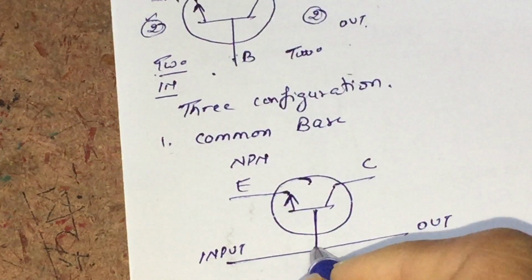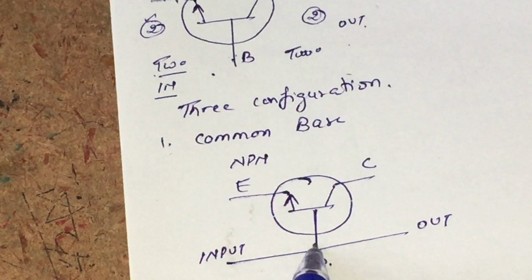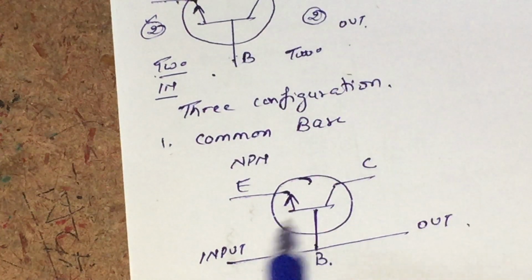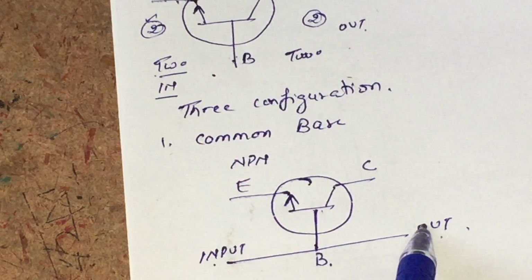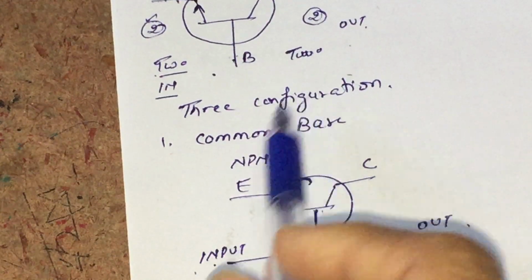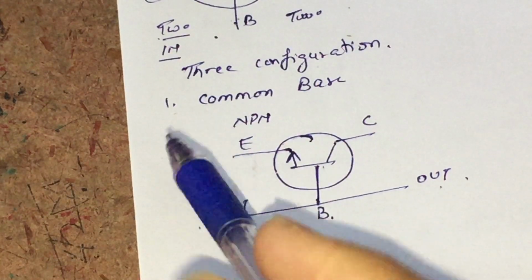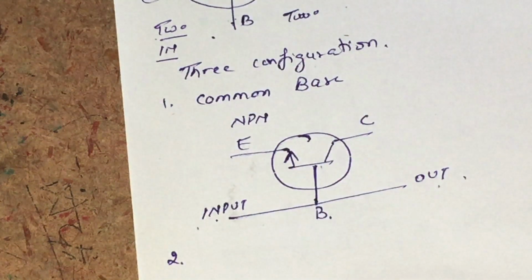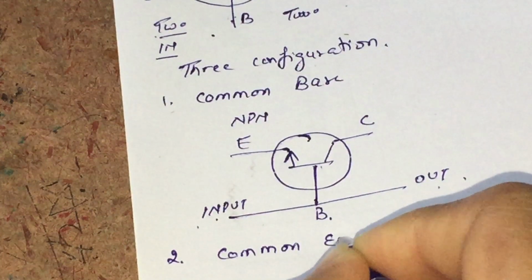So the configuration in which the base is taken common in the output as well as input side is known as common base configuration.